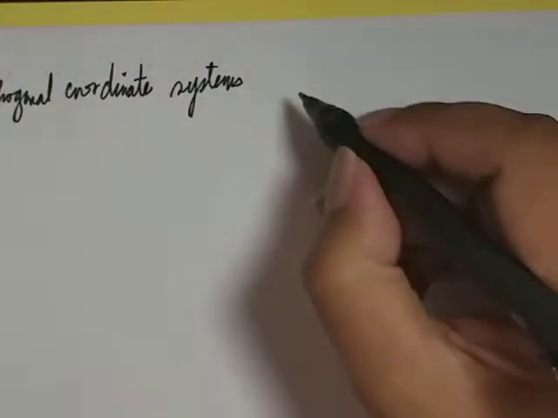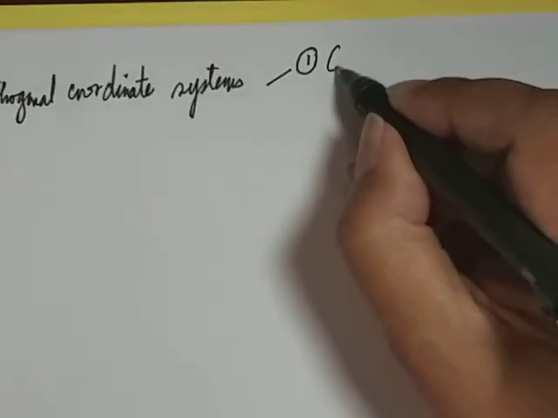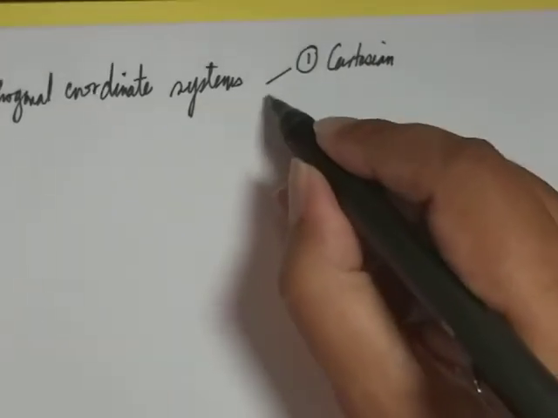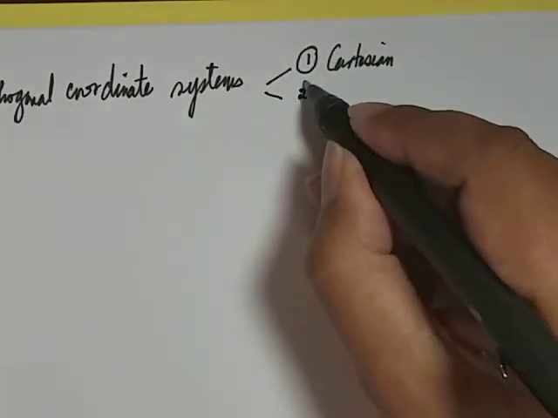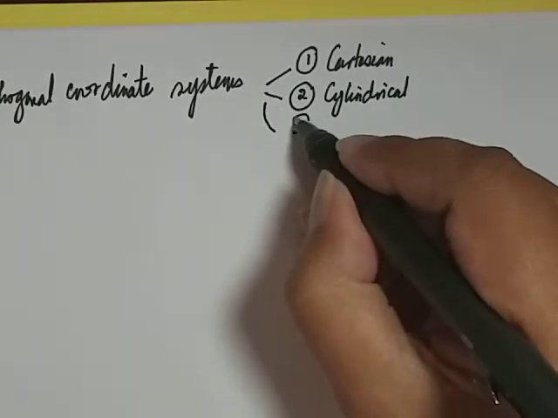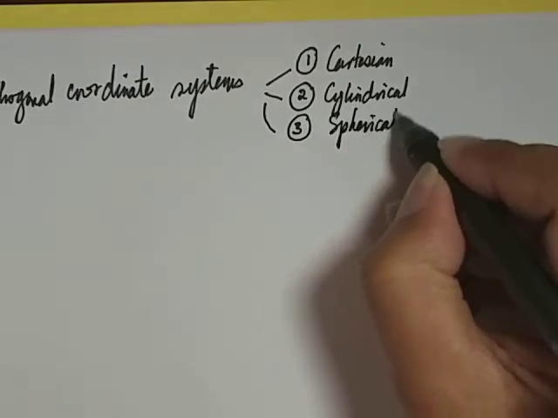The first one, which is common to us, we call the Cartesian coordinate system. The second type of system that we are going to use throughout the course is the cylindrical coordinate system. And finally, the third type that we're going to discuss is the spherical coordinate system.